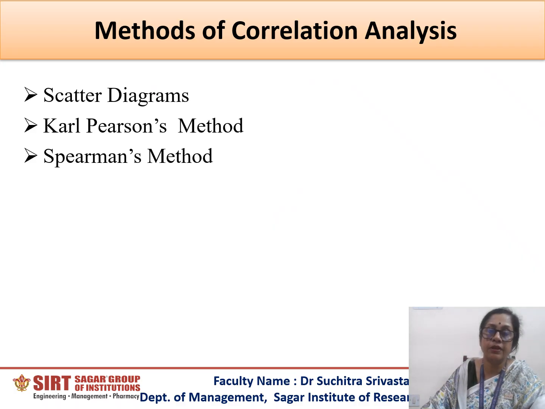Today we will be talking about the different methods of correlation analysis. There are mainly three methods of correlation analysis in your syllabus. There are several methods which are beyond the scope of the syllabus, so we will not be talking about those methods.